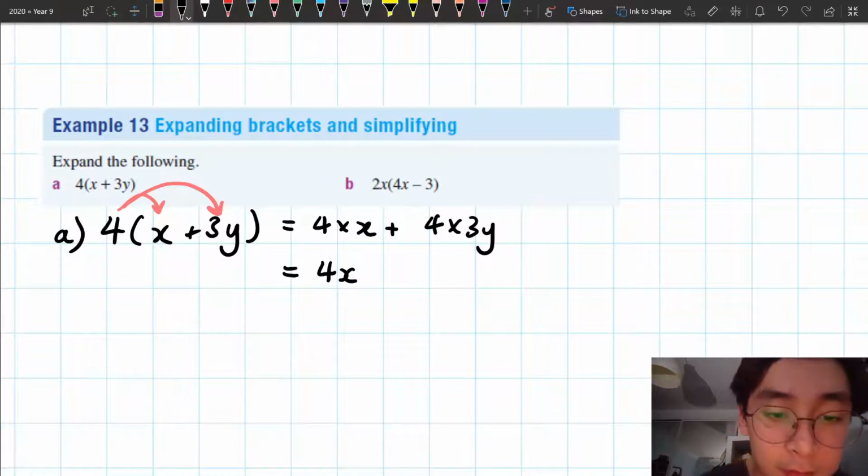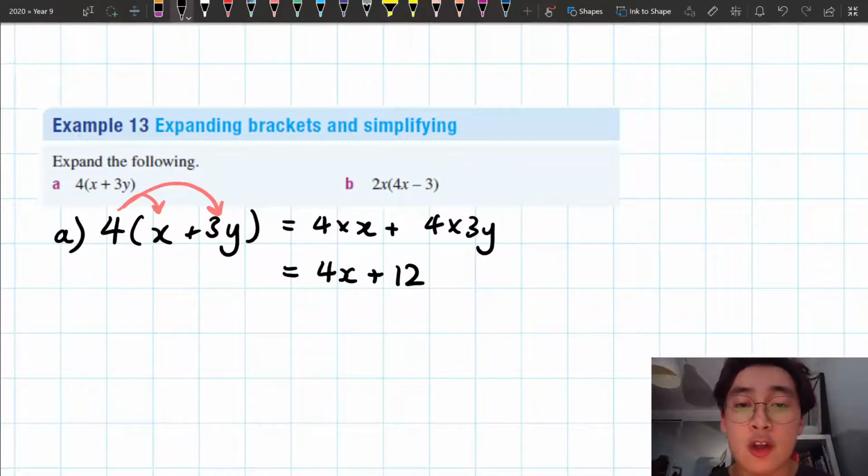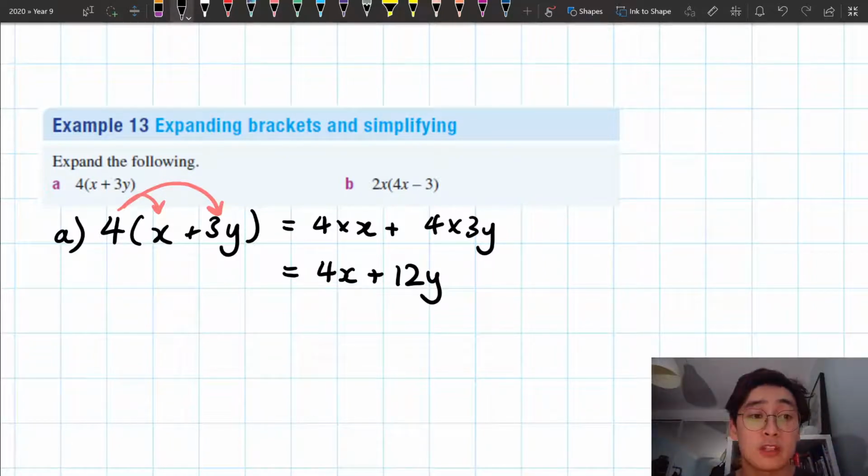So here I'm going to have plus 4 times 3, that gets me 12. So here it's going to be 4x plus 12, and I deal with the algebraic terms. In my 4 there's no algebraic term, there's no pronumeral, there's no letter. So all I'm going to do is write the y at the end. So for this first example, what I'm going to get is just 4x plus 12y.